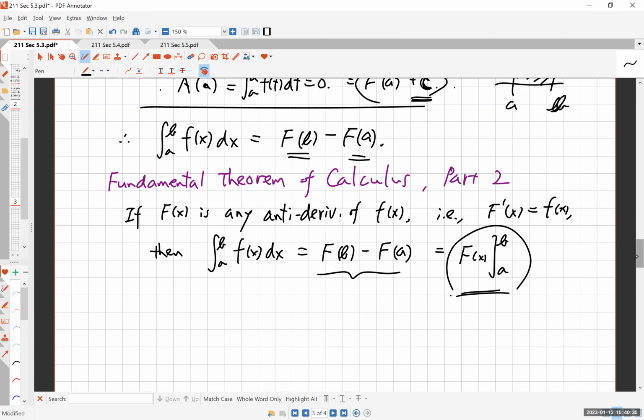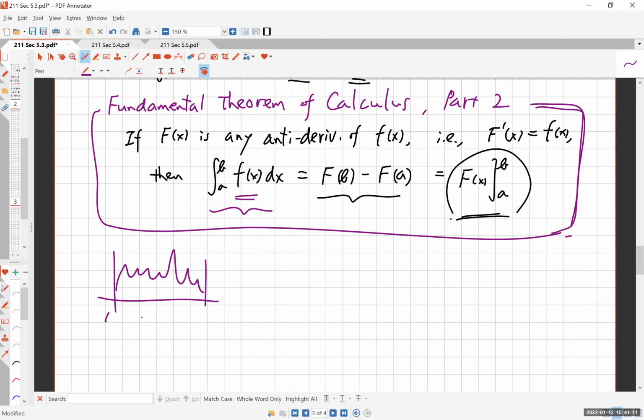Okay, that's it. Now, this is quite surprising. What's surprising about this is, see, f of x could do all sorts of things. It could go up and down many times between a and b. What this is saying is it doesn't really matter what happens. It could in fact go negative, whatever, right? The only thing that's necessary is to find an antiderivative, any function whose derivative is this lowercase f.